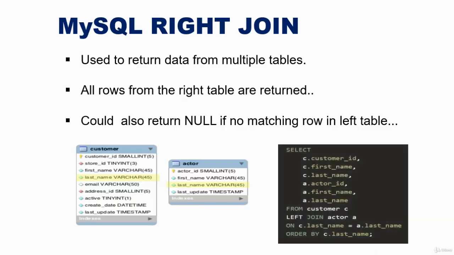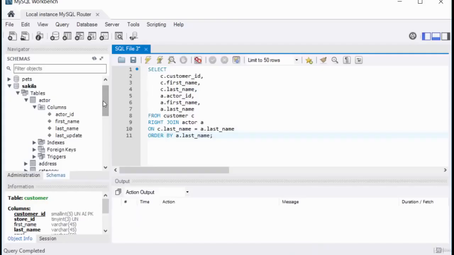We have a select statement where we select the fields from the respective tables, and then we have the from clause where we get the data from the customer table, and then we do a join on the actor table, which is the right table. What we're joining here is the last name from the customer table and the last name from the actor table, and we're going to order the data by the last name.